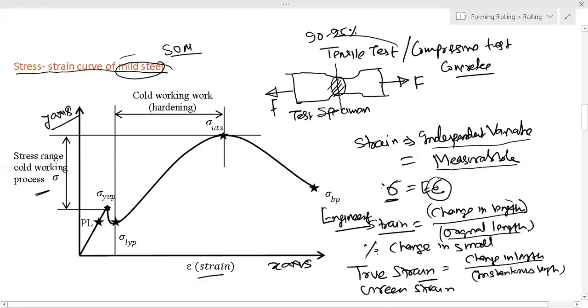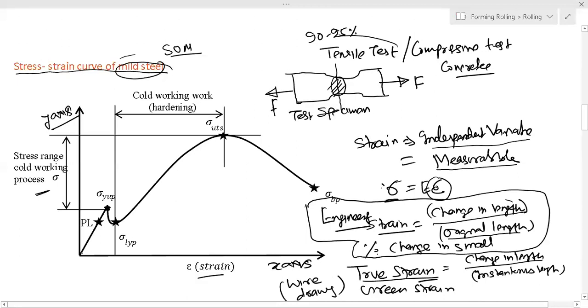I will talk about that in the wire drawing process. In wire drawing, I will talk about true strain and true stress. So here we are talking about engineering strain, where the percentage is small.